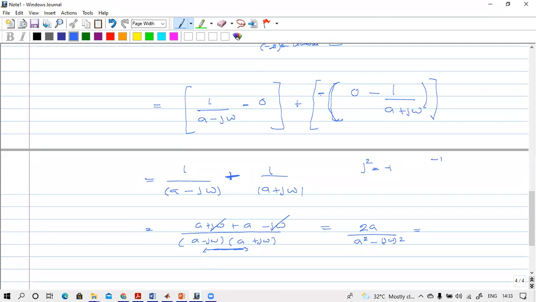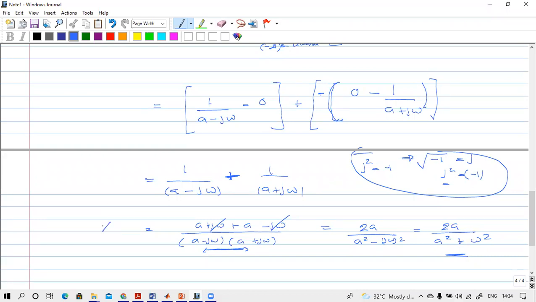This is the definition of the complex numbers. So with this part, you can see that it is 2a over a square minus j square omega square, and j square means minus 1, so minus minus 1 means plus 1. So you will get a square plus omega square. So you will get this value finally.